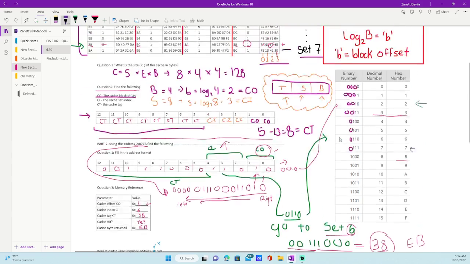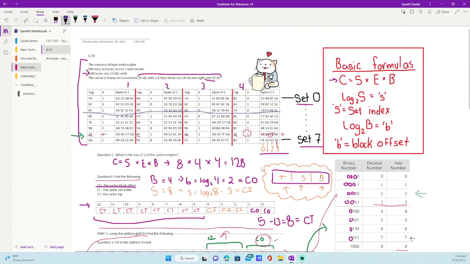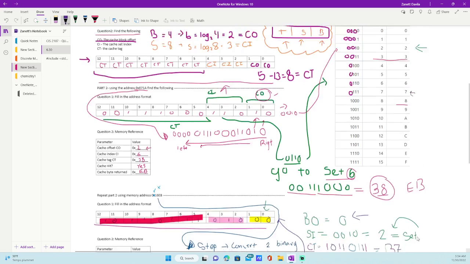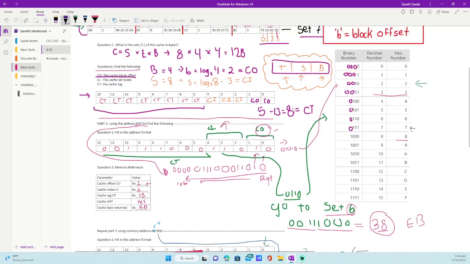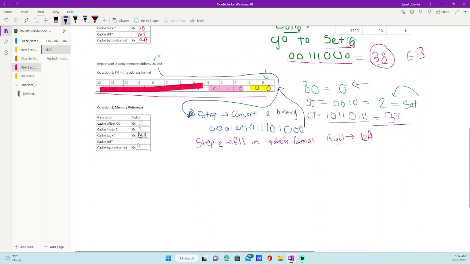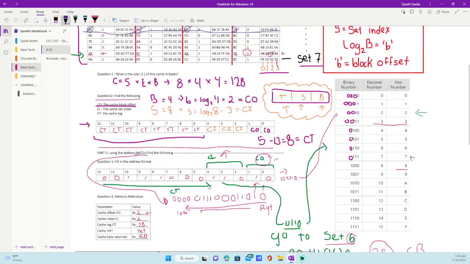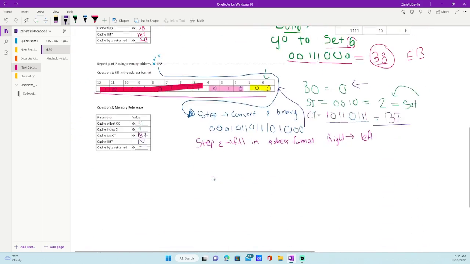Cache tag. Now we had B7, right? Do we see B7 anywhere? First, no. Second, we're close, but no. Third, no. Fourth, no. So eventually, this is not going to be a cache hit, and there is no return for cache byte. And that concludes all the answers for this.